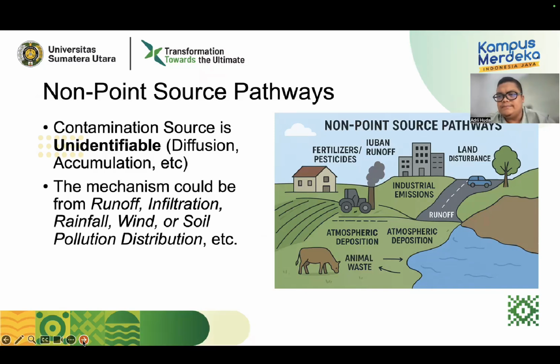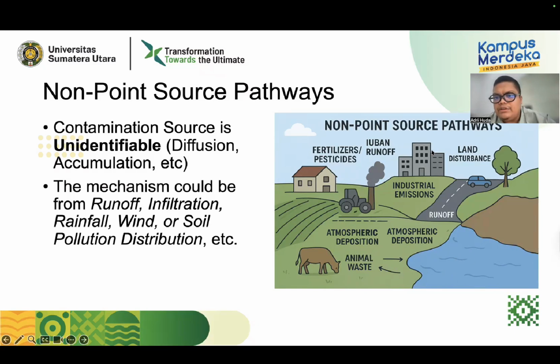If we talk about the illustration in the image here, this is the water system, and we can see that animal waste can go directly to the water system, and the agriculture activities here can also dump their pollution into the water.